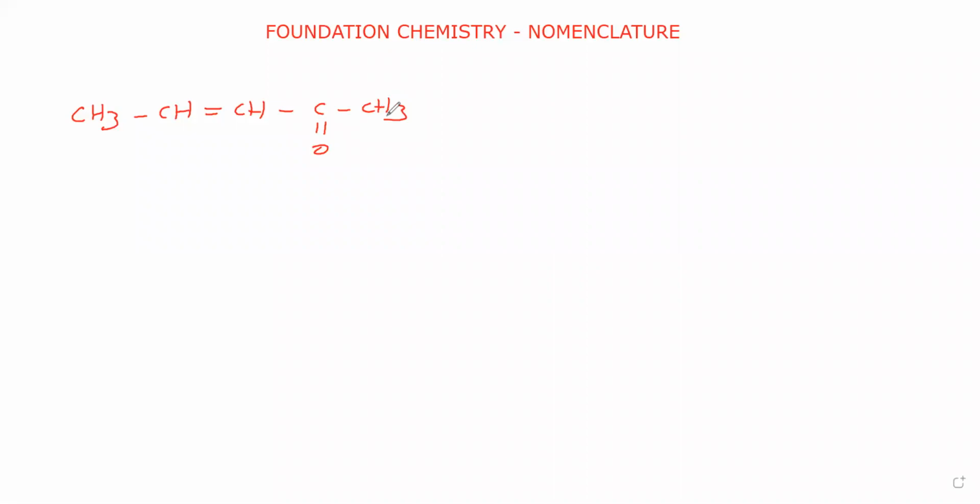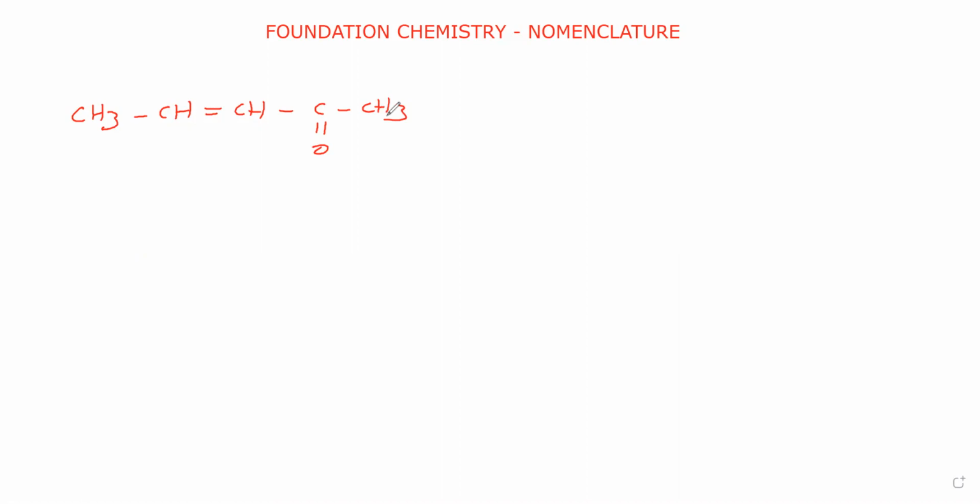When two or more functional groups are there, one functional group we have to consider as the main functional group, another functional group we have to consider as a substituent, as a branch.